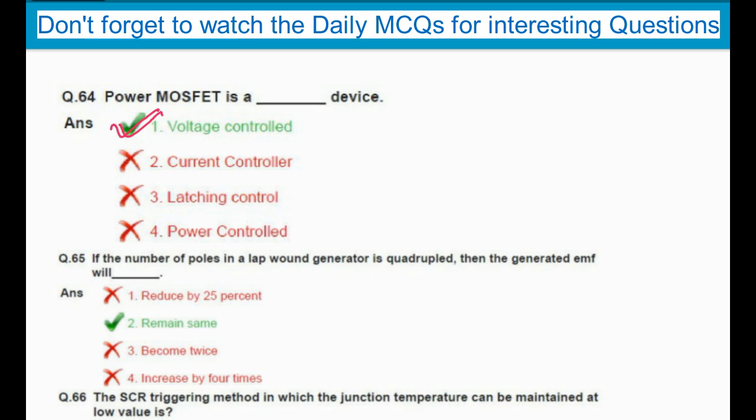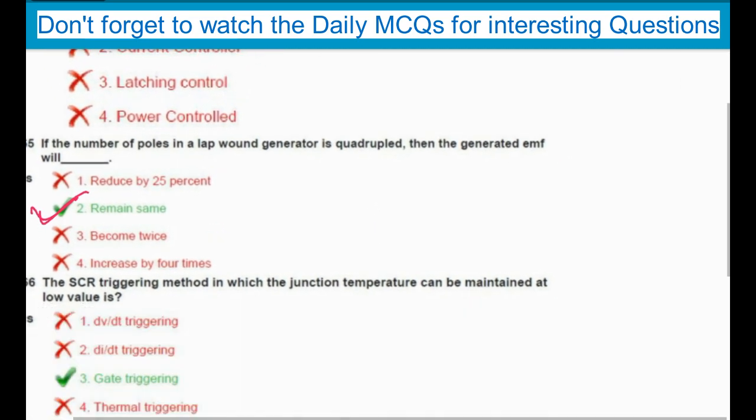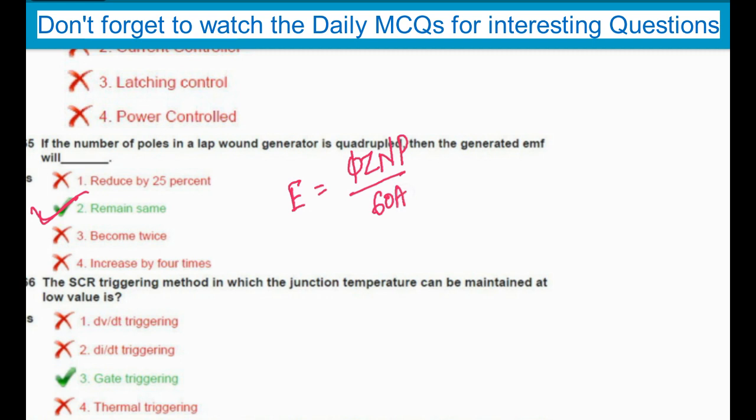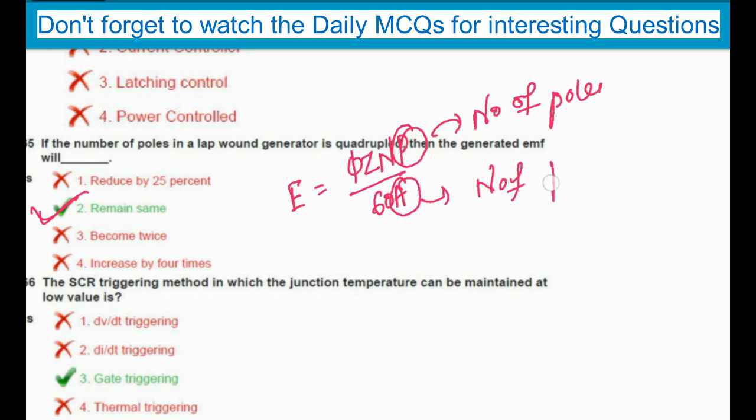So this will remain the same, because the EMF equation of the DC generator is given by E is equal to phi ZNP by 60A. This is the formula, and leave the rest of the parts. Here P is the number of poles, and A is the number of parallel paths.